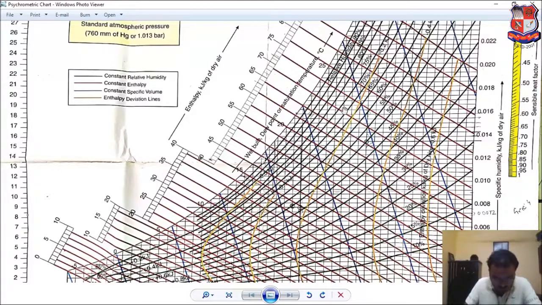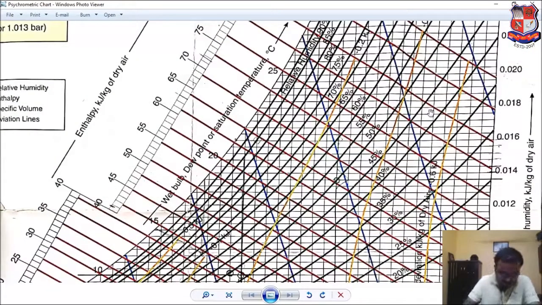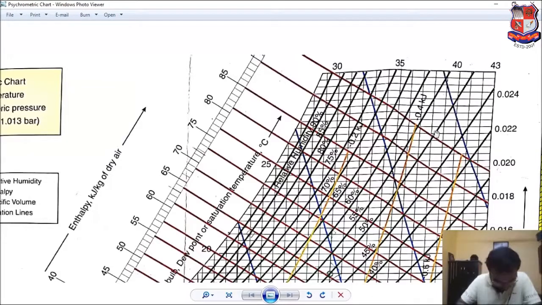Then we have constant dew temperature lines. So how can we obtain these dew point temperature lines? Those are horizontal, and their values are found on the saturation curve.